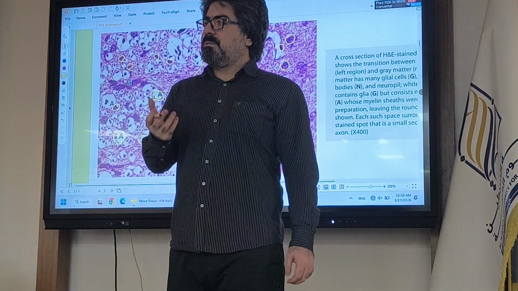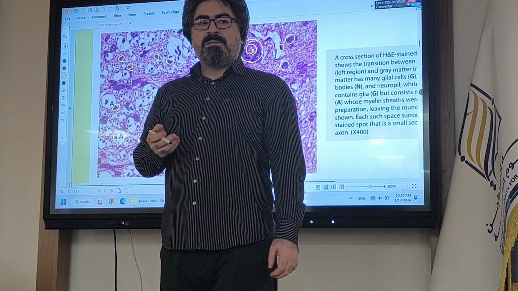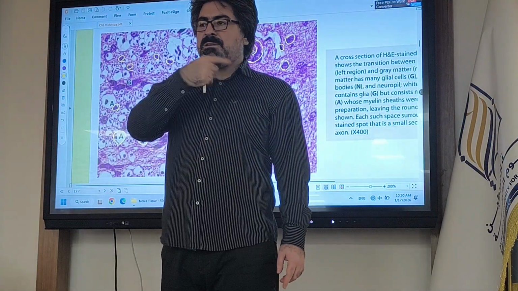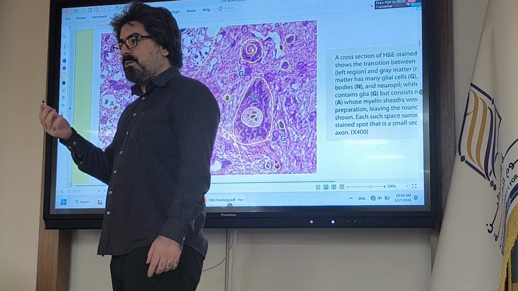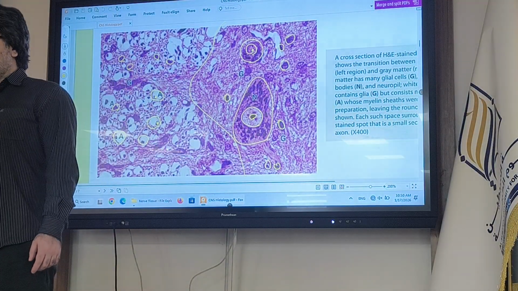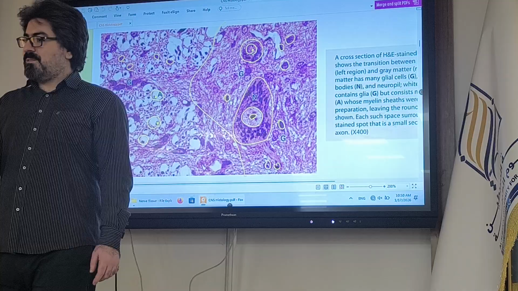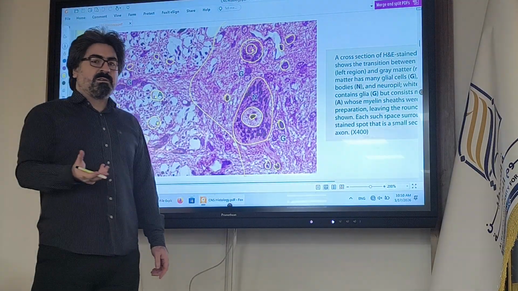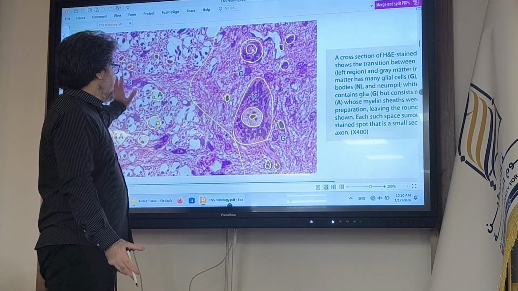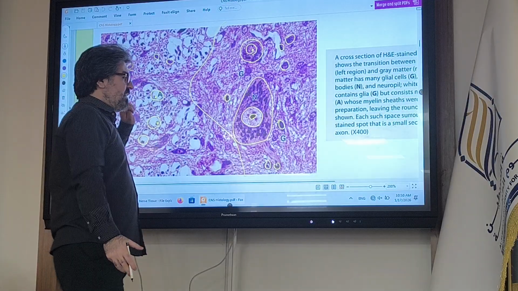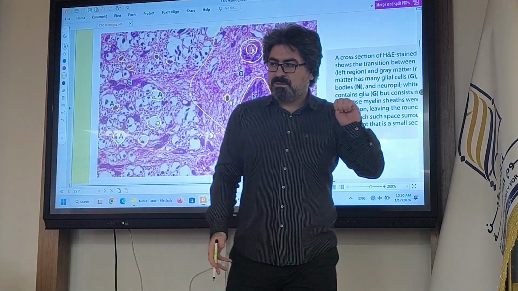What about oligodendrocytes? Only in white matter, because the function of oligodendrocytes is myelin sheath production, synthesis of the myelin sheath. So they can be found only in the white matter. Any question?